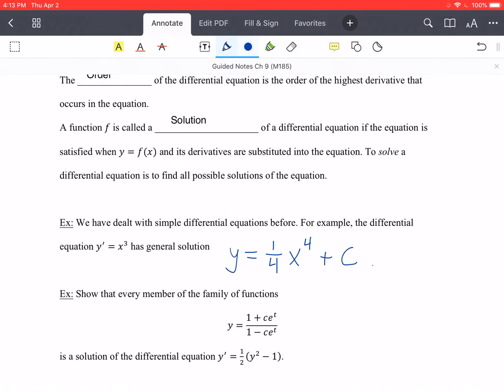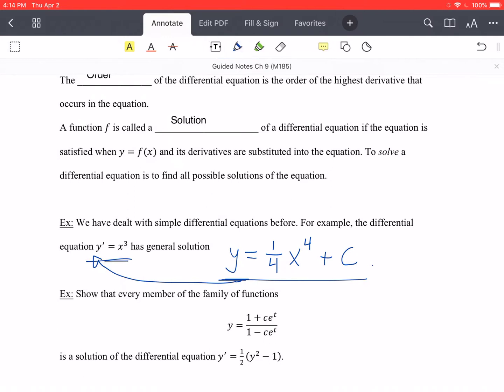That would be our solution to this differential equation, because this function satisfies that relationship. If we took this function y and substituted it in there for y prime, you would find that it equals x cubed.